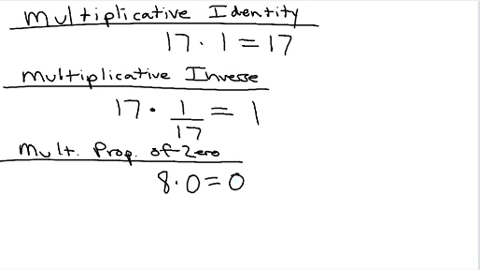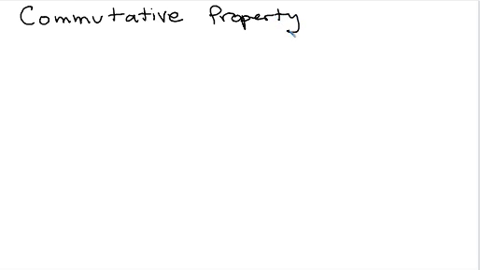The commutative property. Boy, this one's important. The commutative property, commutative, and I'd like for you to write off to the side, order doesn't matter.